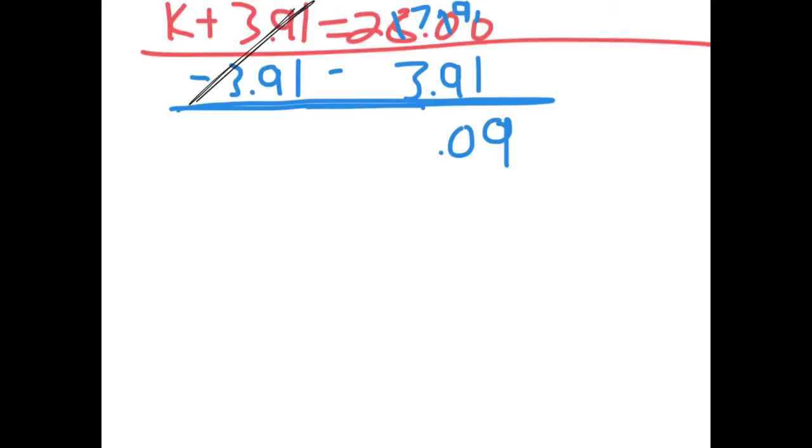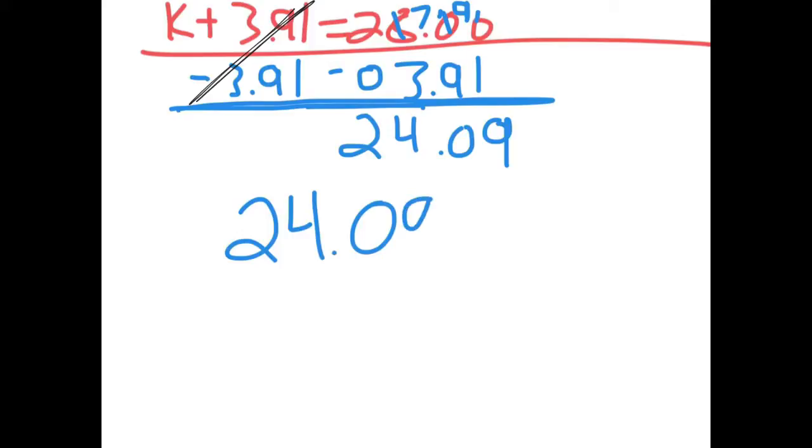Bring down that decimal, and 7 minus 3 is 4. And bring down that 2, since there is a 0. For your placeholder, you bring down that 2, so then your answer would come out to be 24.09 equals K.